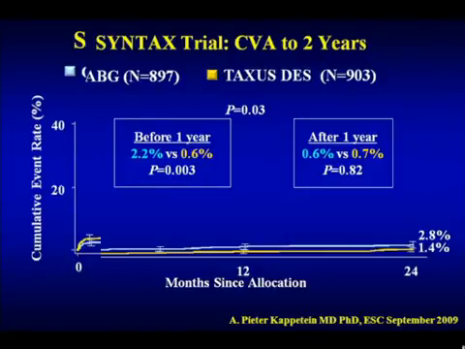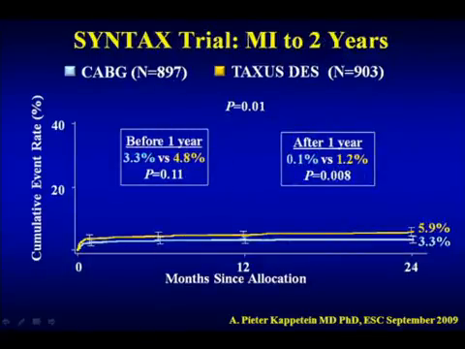DES group. Then myocardial infarction, and this is where I think we need to be very cautious and humble. You can see there that at 1 year there was no difference, the MI rate 3.3 and 4.8, but after that there was an absolute 1.1% increase in the MI.